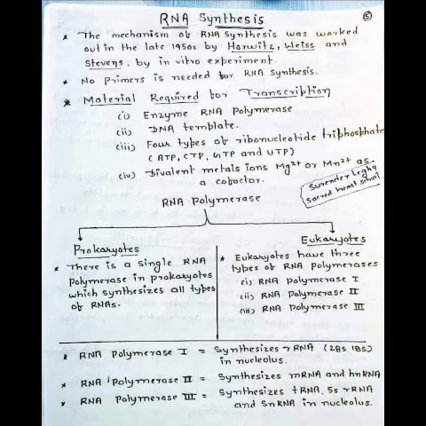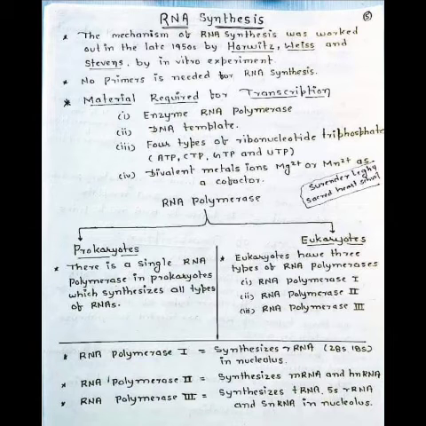The RNA polymerases are of different types, 3 basic types, right? In prokaryotes only a single RNA polymerase is used, while in eukaryotes there are three RNA polymerases required for the process of RNA synthesis: RNA polymerase 1, 2 and 3.